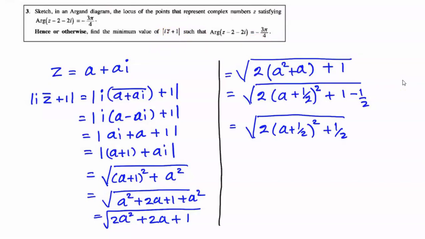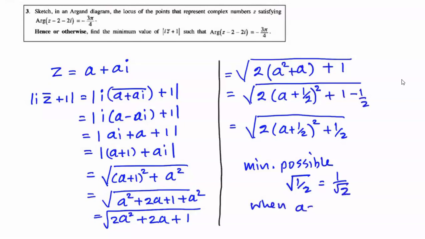So the minimum value possible is the square root of 1/2, which is 1 over square root 2, and this is when a equals negative 1/2. So this is one way to find that minimum value.